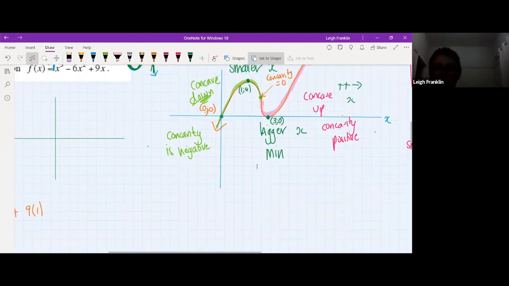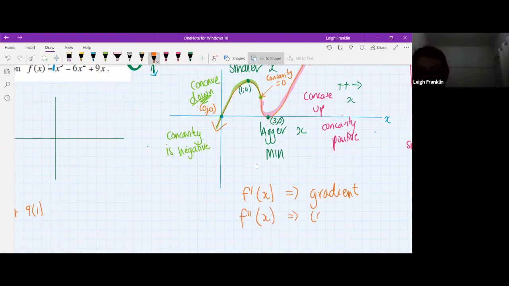We use the first derivative to describe gradient. We use the second derivative to describe concavity. So just like I will say the gradient is 0 at the turning point, I can say the concavity is 0 at the point of inflection.